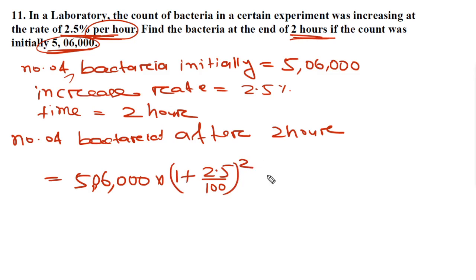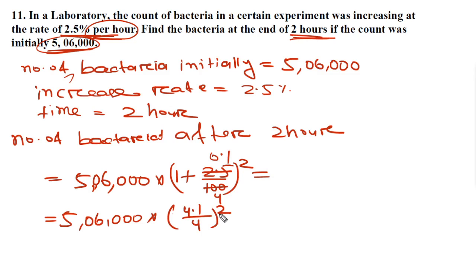For 2 hours. Okay, so it will be equal to 5,06,000 into, here 2.5 by 100 will be cancelled with 25, it will be 0.1 by 4. So 1 plus 0.1 by 4 will be equal to 4.1 by 4 to the power 2.